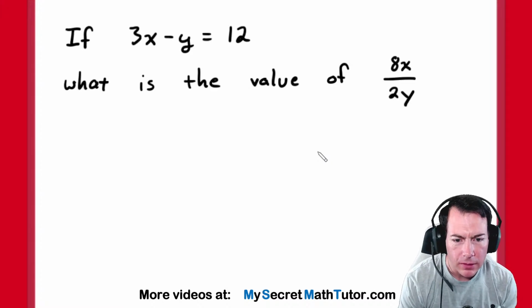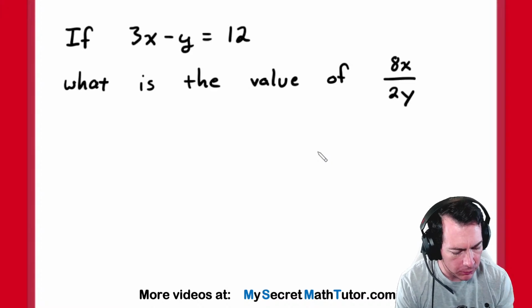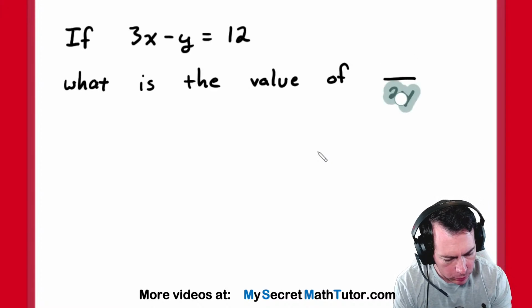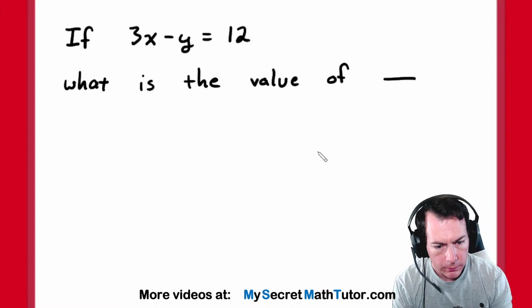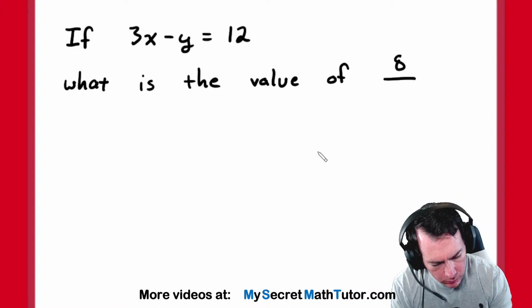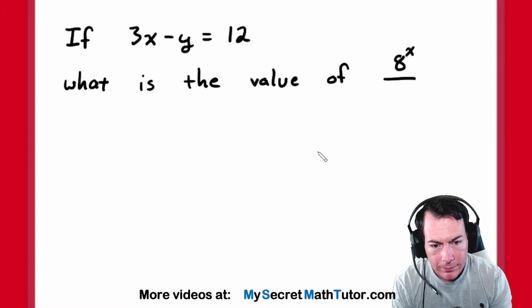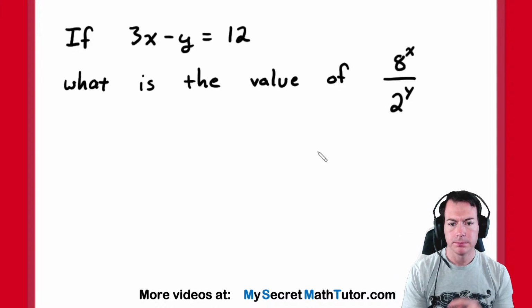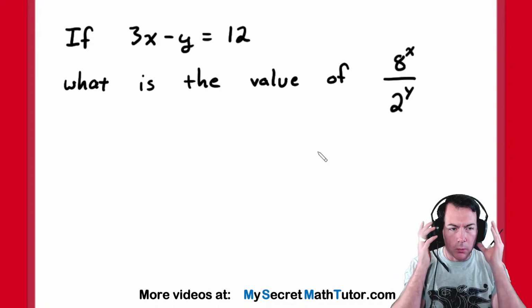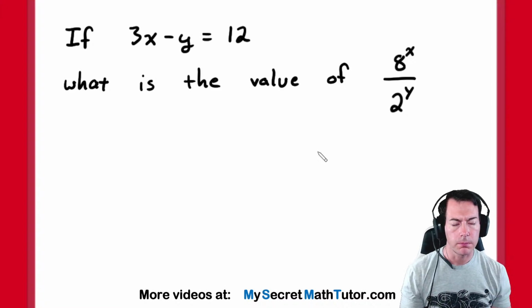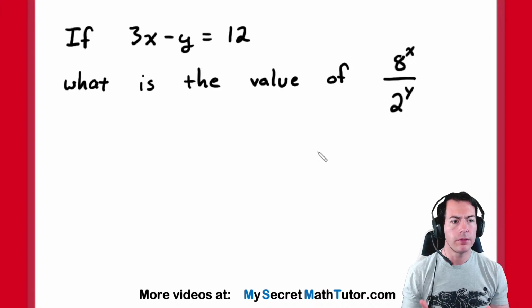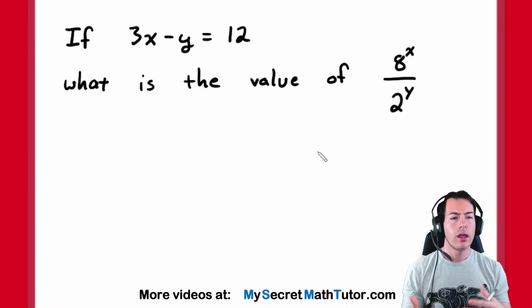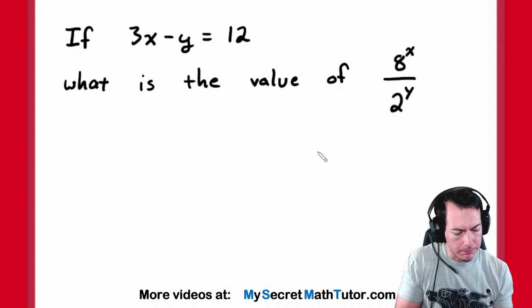Oh, okay, so it's 8 to the power of x and 2 to the power of y. Okay, we'll make some adjustments. Excellent. So we don't know what either of those are, but we will be able to find an expression for y, and then do some substituting from there. Okay.